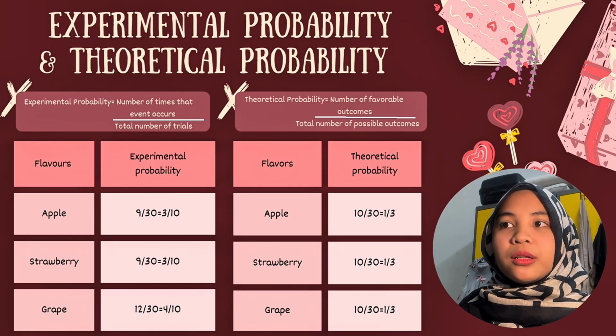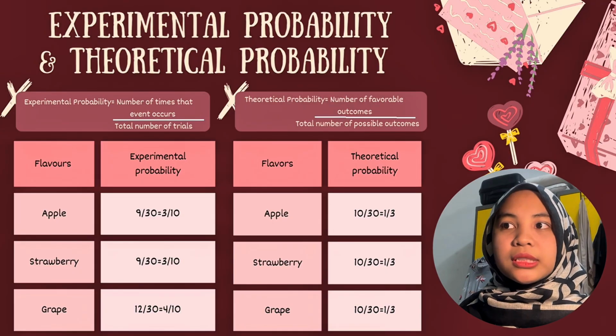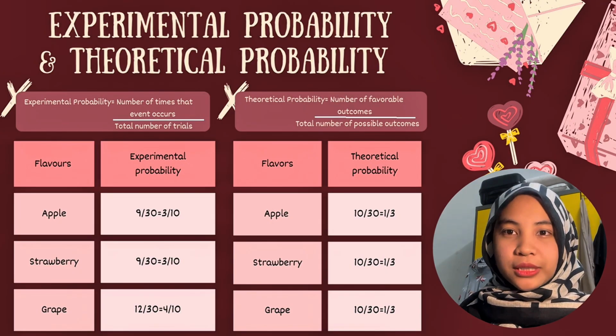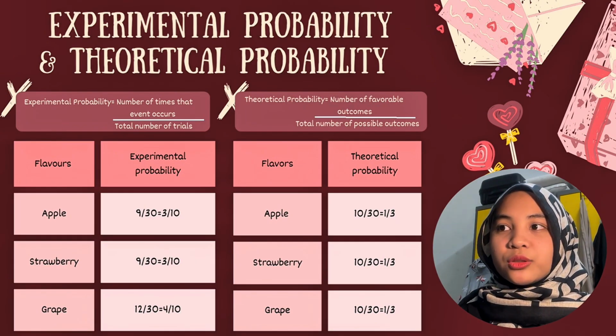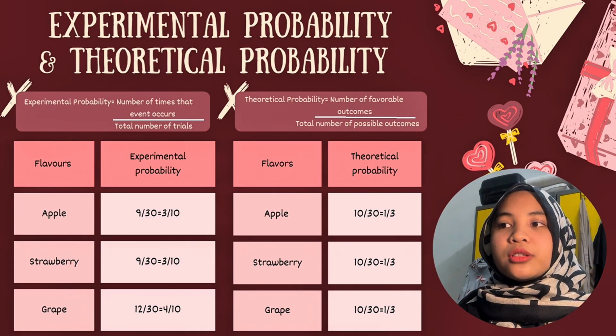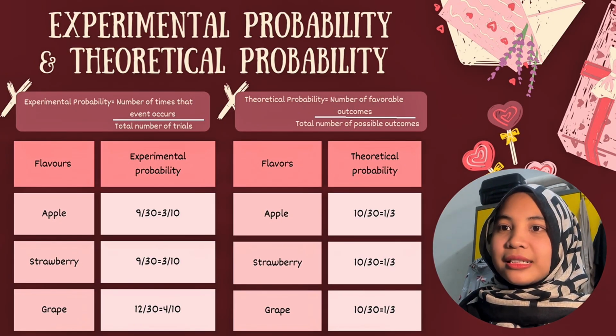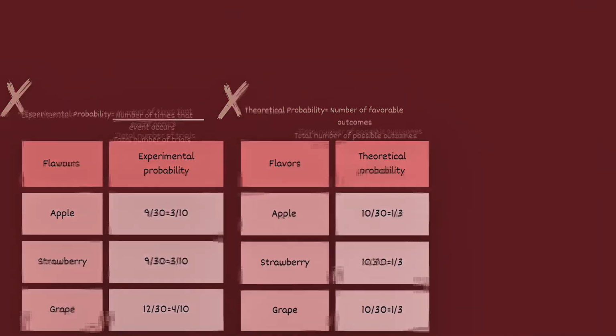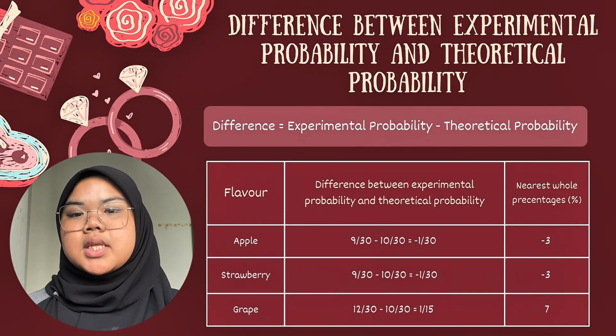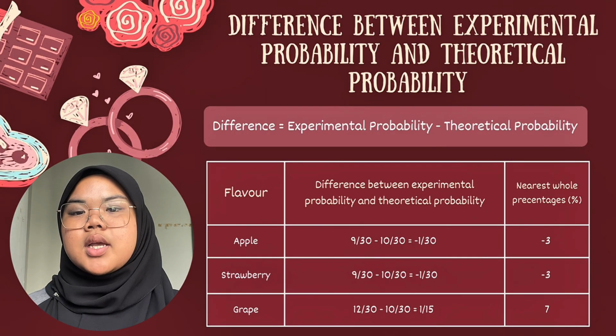So for theoretical probability, we must find the number of favorable outcomes divided by the total number of possible outcomes. So theoretical probability for apple is 10/30 equals 1/3, while strawberry 10/30 equals 1/3, and lastly grape 10/30 equals 1/3.